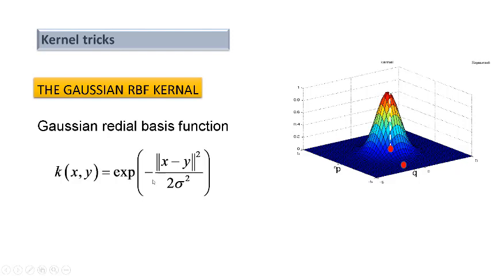So now I have to measure the distance over here. So what is the distance between x and y? x minus y is the distance. Now the good part is that when the data point is very far from the center, the distance is increased, and it is divided by 2 sigma square.